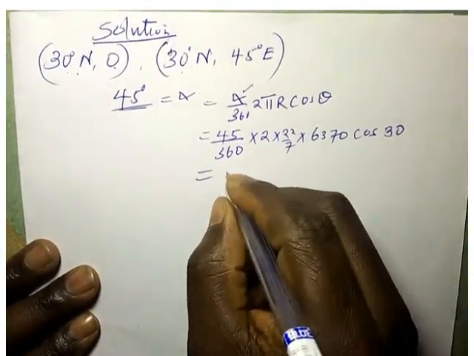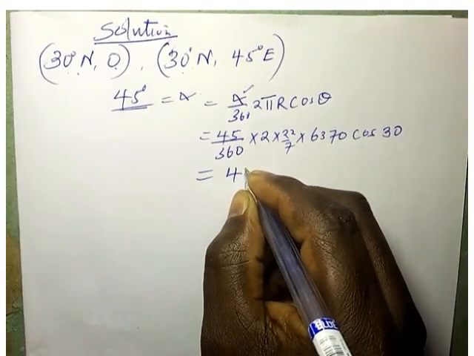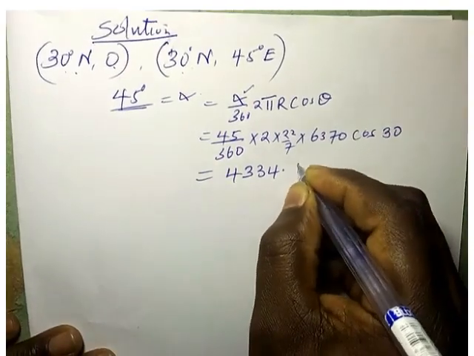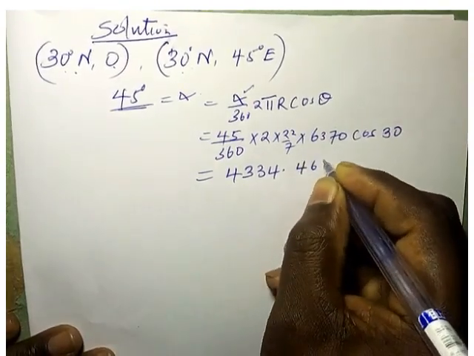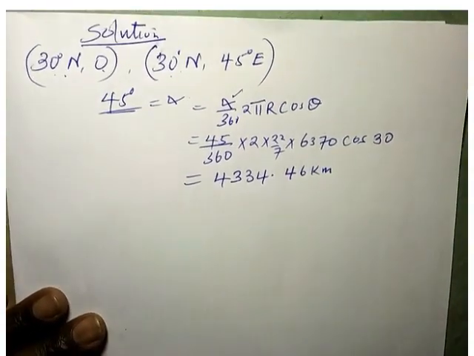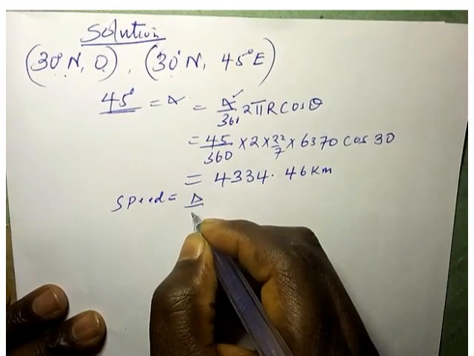This gives us the distance as 334.46 kilometers. Now we have the distance, but we know speed is equal to distance over time.